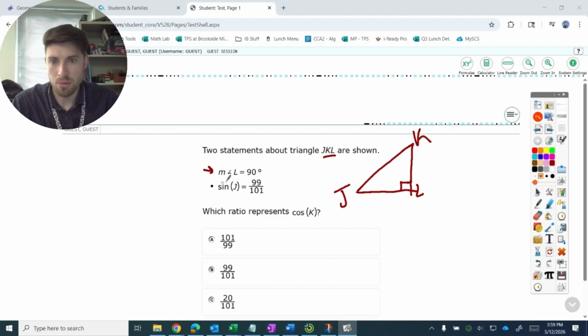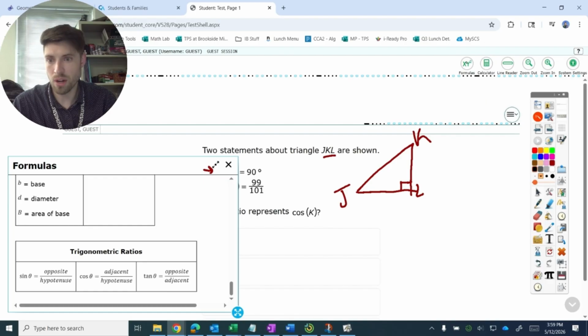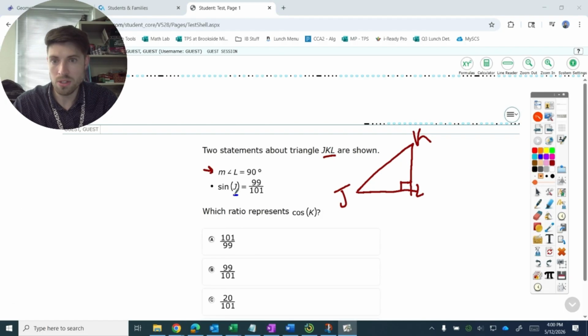And so the other thing we know is the sine of J is equal to 99 over 101, right? So if we go look at our reference sheet here, or if you just remember generally from SOHCAHTOA, sine is equal to the opposite over the hypotenuse. And so what that means is if I look at the information given here, compared to angle J, 99 must be the opposite, and therefore 101 must be the hypotenuse, right?